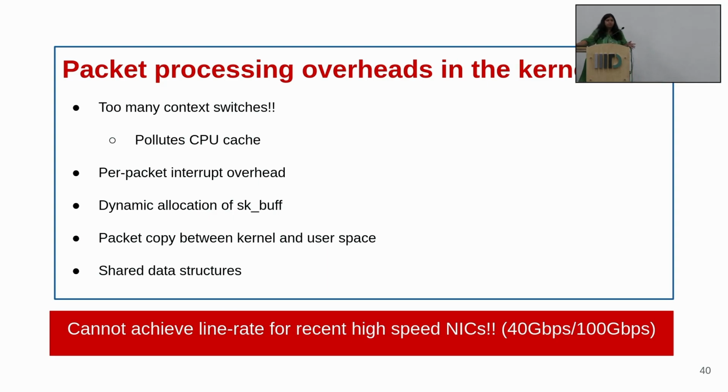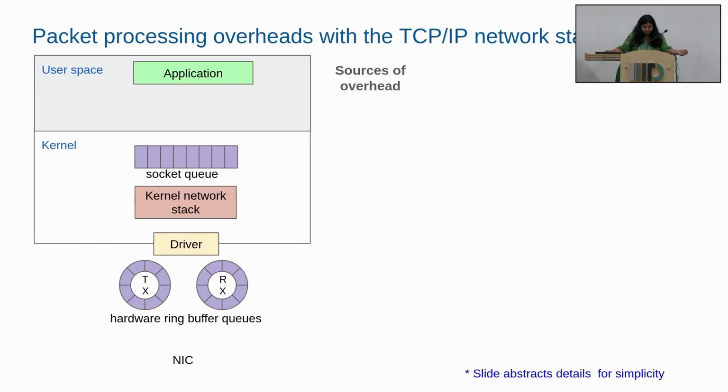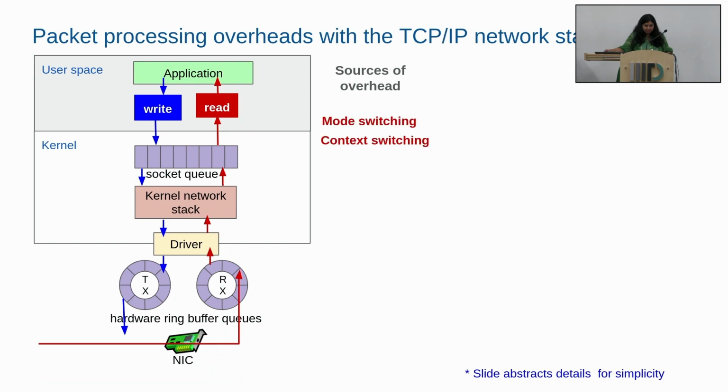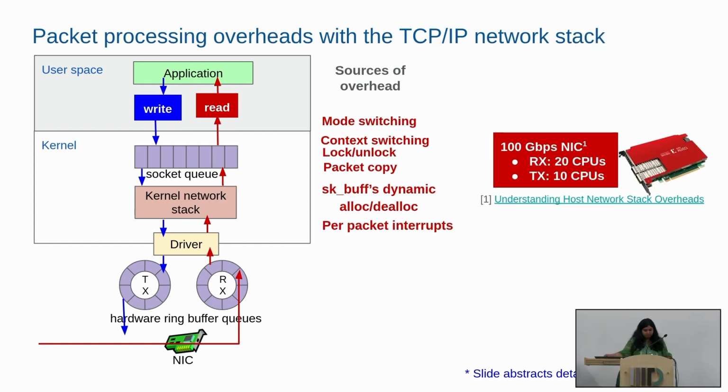But this is good enough for your local laptops and all. There is no need to do anything about it because you may not even go to a Gbps speed. So you don't need any optimizations there. Okay. So I think this is the same thing that I'm talking about here, what are the different sources of overhead: mode, context switching, locking, unlocking, packet copying, and so on.